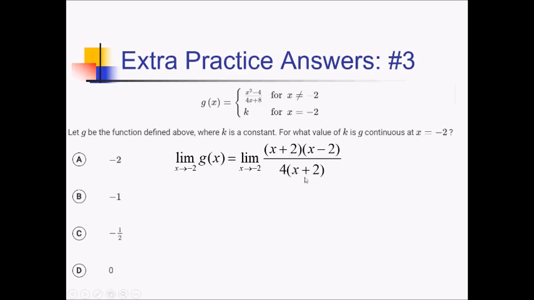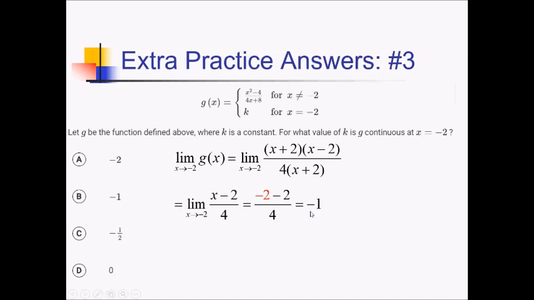And we see that these x plus 2's, that's what was causing us to get 0 over 0 when we just plugged in -2 directly. So if I cancel those out now I can actually evaluate the limit and get something that's not indeterminate. Plugging -2 in at this point, we have -4 over 4, which comes out to a limit of -1.